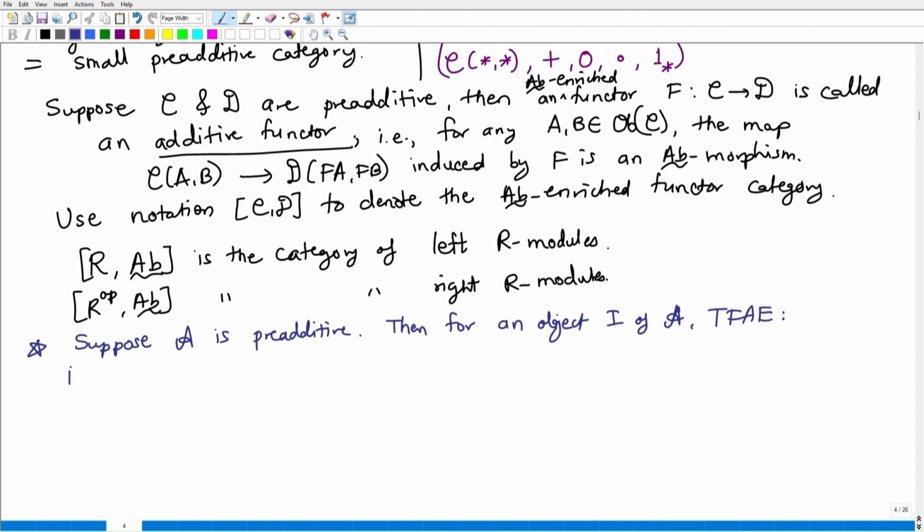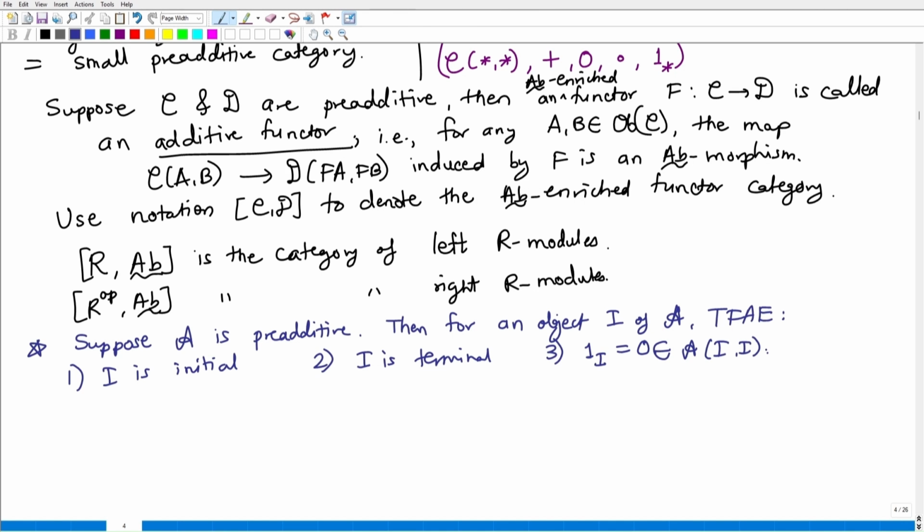The first property is that I is initial, then I is terminal, and the third property is that the identity on I is the zero morphism in the home set.